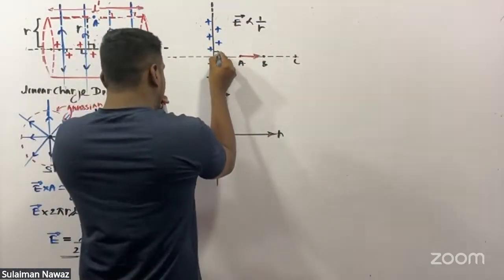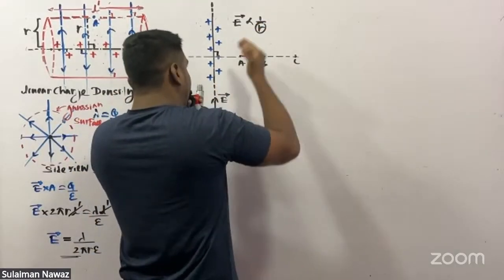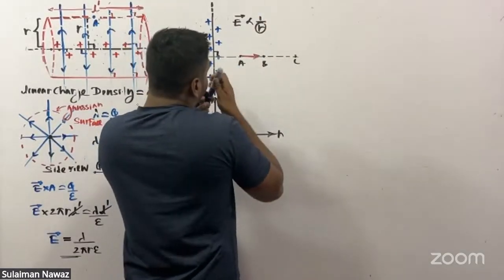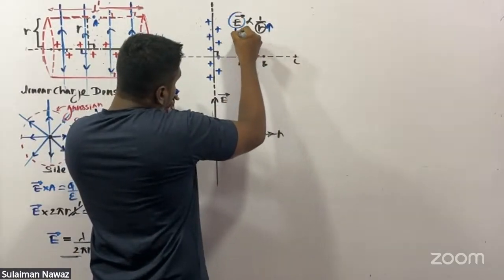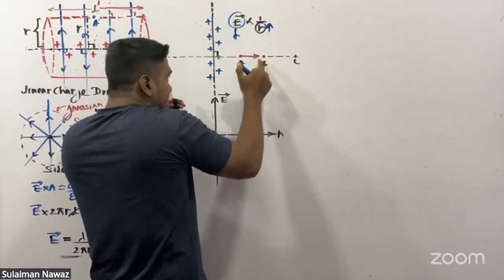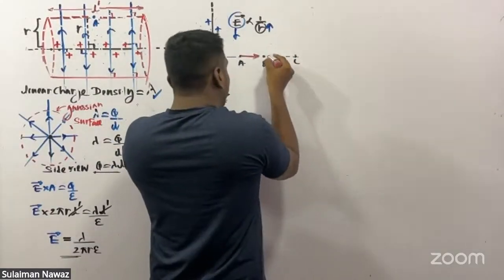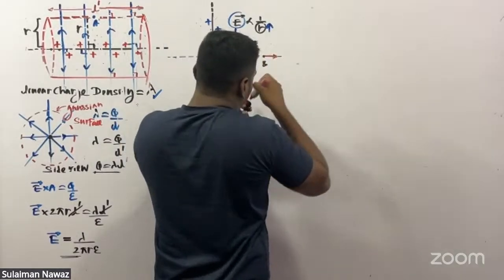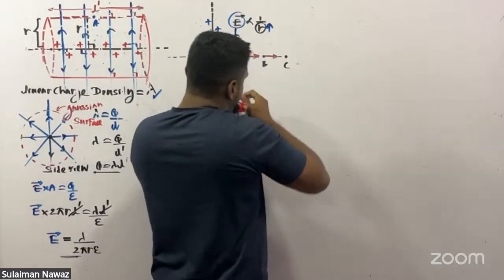The larger the distance, when the point is far from the wire, your electric field intensity is going to be lesser. When you go far from the wire, electric field intensity decreases.